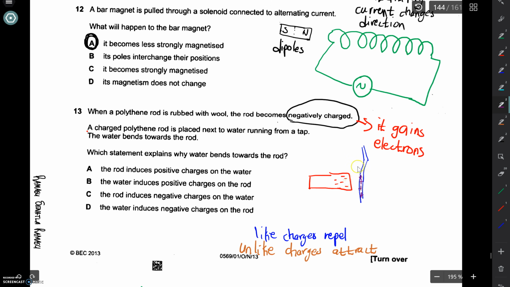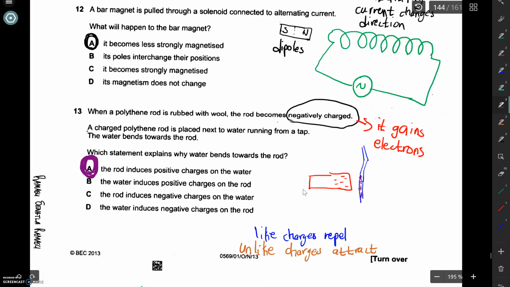So that is why the stream is attracted to the negatively charged polythene rod. The rod induces positive charges on the water.